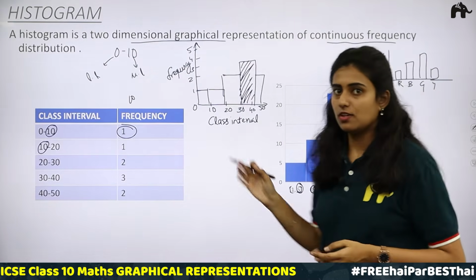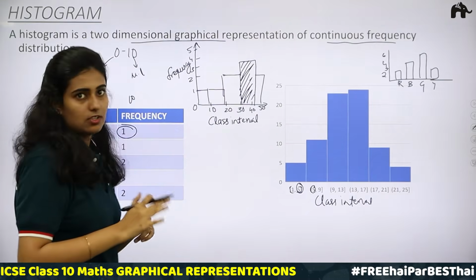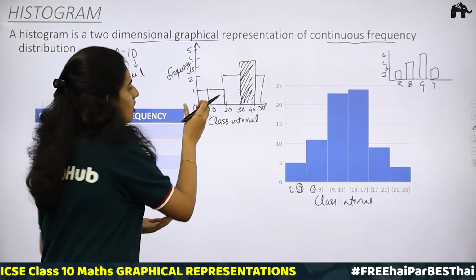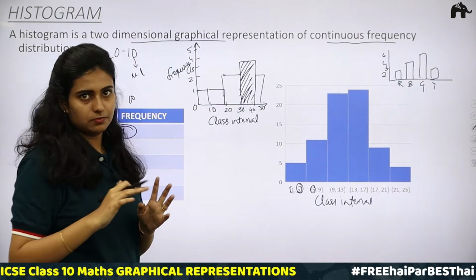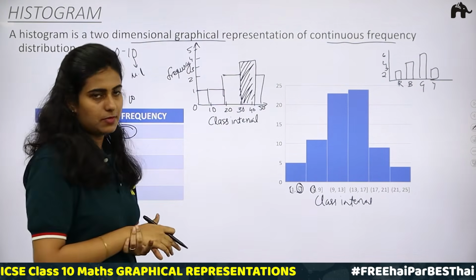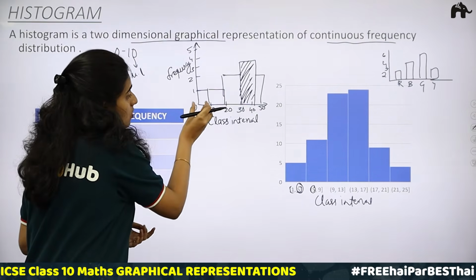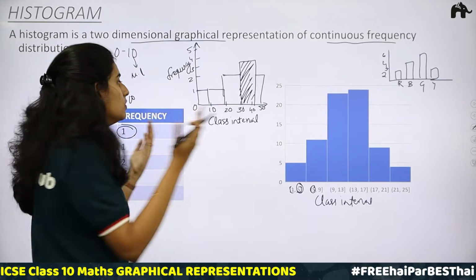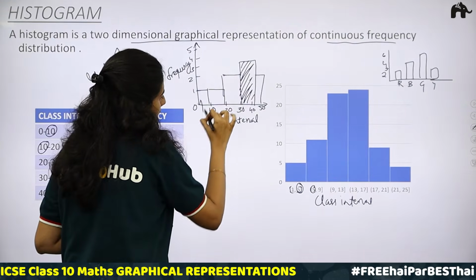Now take a case where we are not including this 0 to 10. We don't know how many students there are, we are not considering the data that comes between 0 to 10. So we have to just start from 10. In that case, we just don't want to represent what is happening before 10, so you will be using a mark like this.